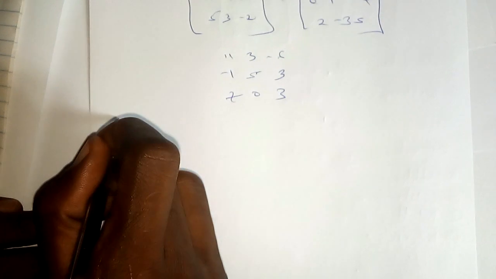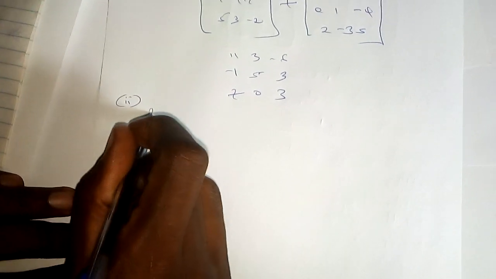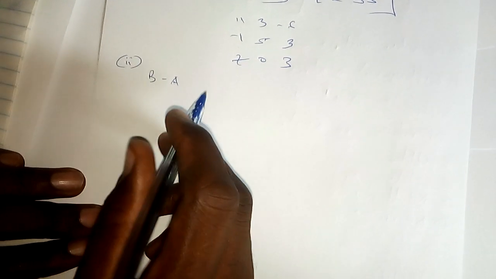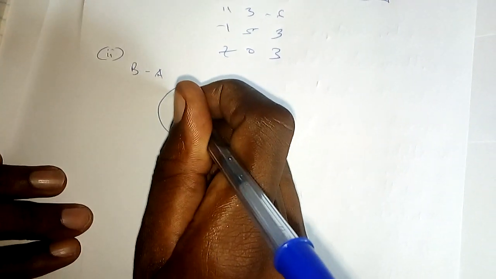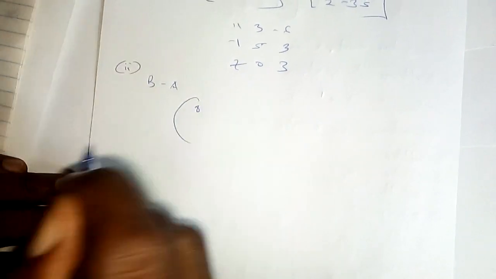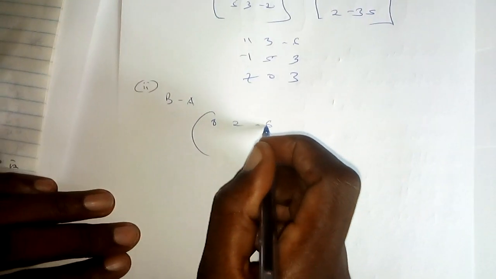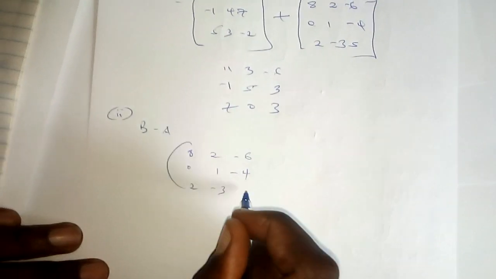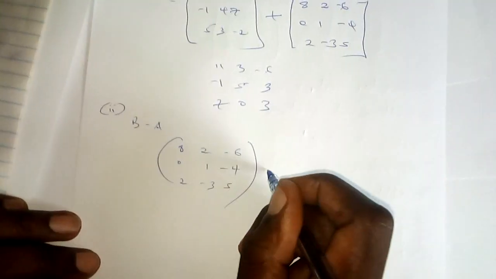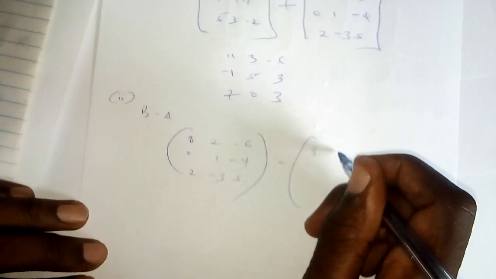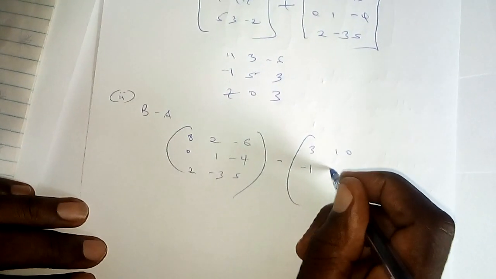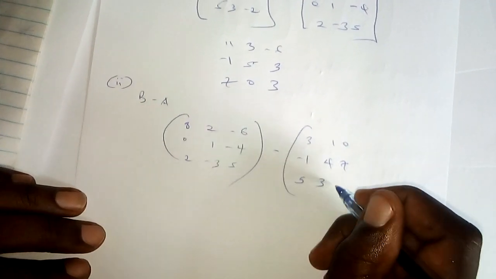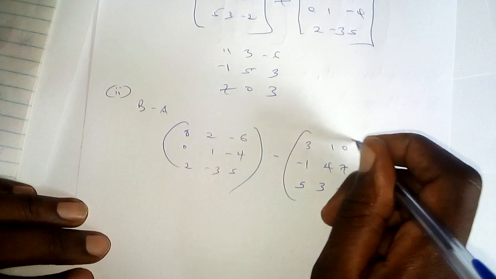Then the Roman 2, it was B minus A. It is now about subtraction. When you take now A, B as 8 2 negative 6 0 1 negative 4 2 negative 3 5 minus 3 1 0 negative 1 4 7 5 3, we have negative 2.